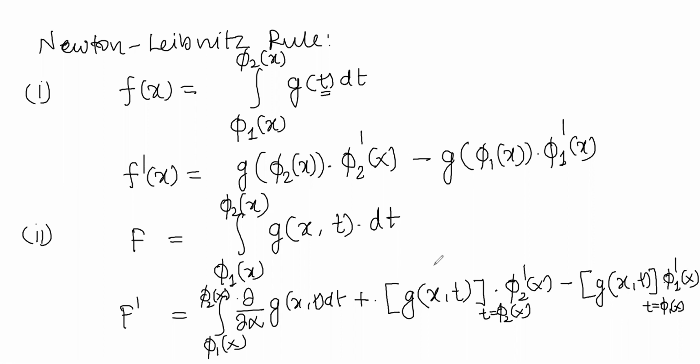So at the place of t, I put the upper limit phi 2 of x first, and for the second term I put t equal to phi 1 of x, and the rest everything remains the same. So this is for two variables, F dash.